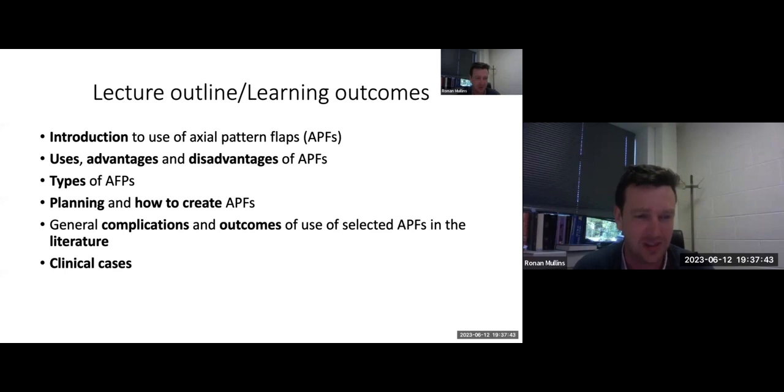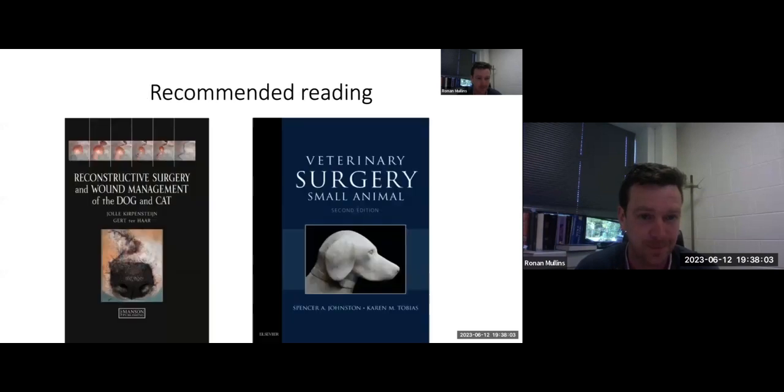I think that's very important. So this is very much practical based, as well as we'll also touch on some of the literature, looking at complications and outcomes of the use of these flaps. And then at the very end, hopefully we'll have time for some clinical cases of my own where I have used these, what I would consider successfully.